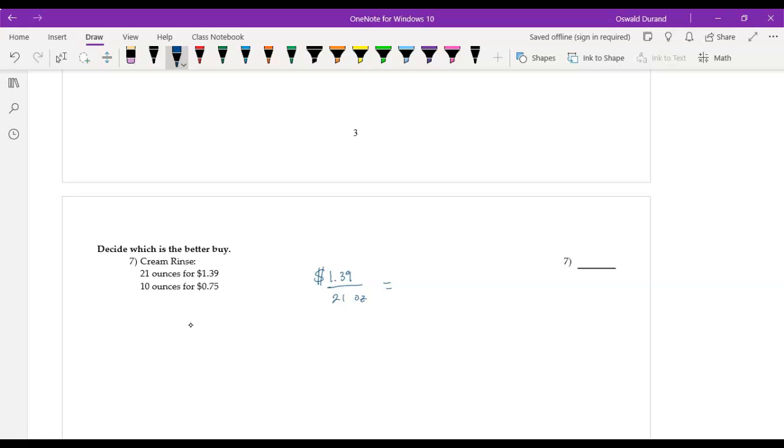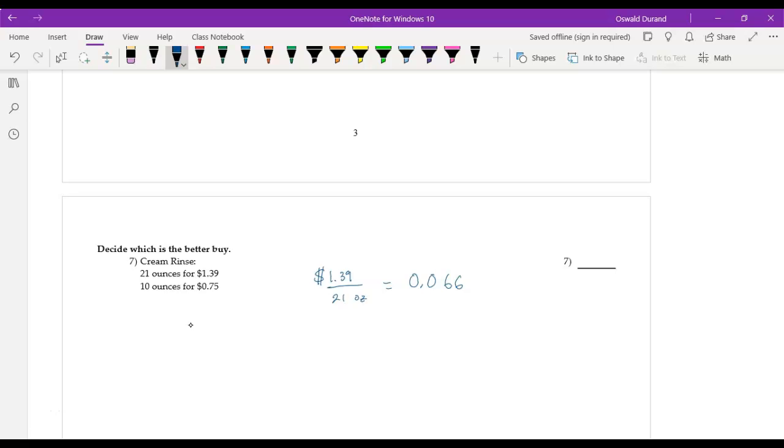So 1.39 divided by 21, and I get 0.066, right? Dollars, right?